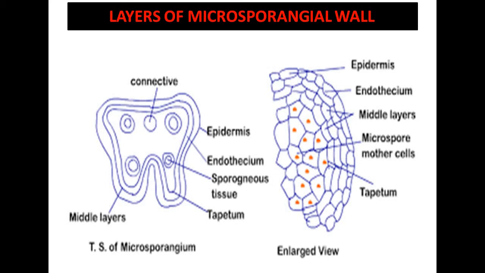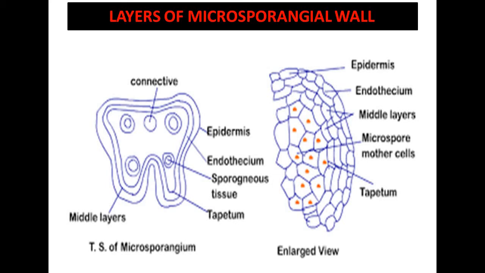One more thing you have to notice: after the tapetum, the central part of the microsporangium has a mass of homogeneous cells, and that group of cells is known as sporogenous tissue.